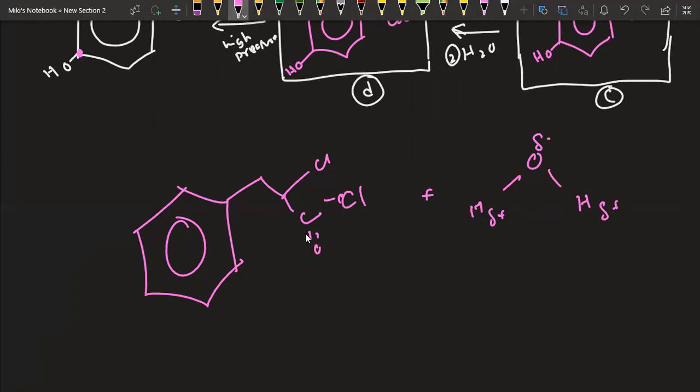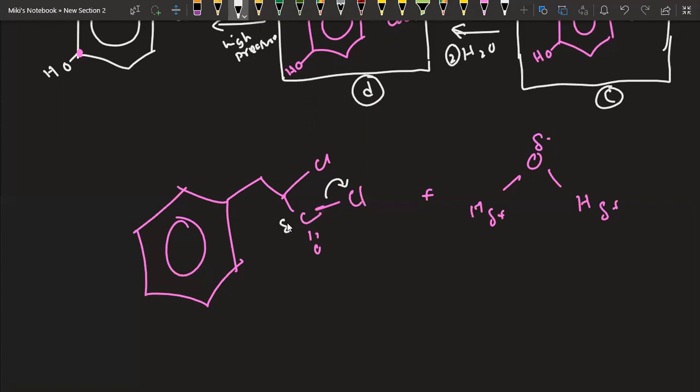Similarly, here we have a chlorine in this place. This is our acyl chloride. In the middle, there will be some heterolytic bond fission. That will create an imbalance in the number of electrons.